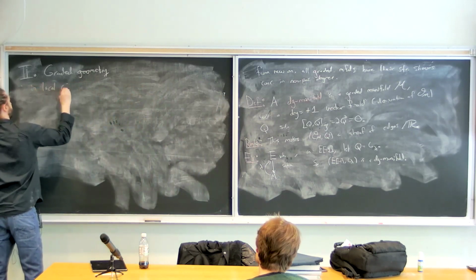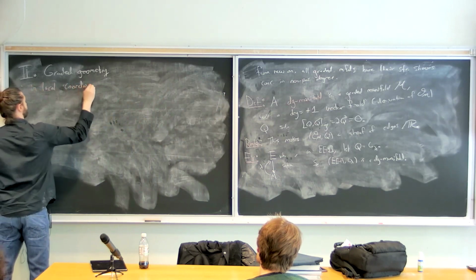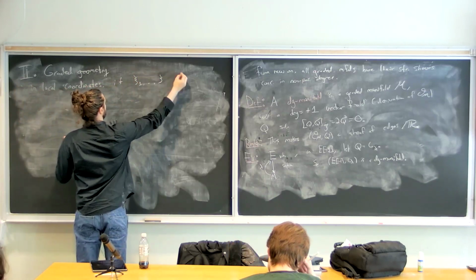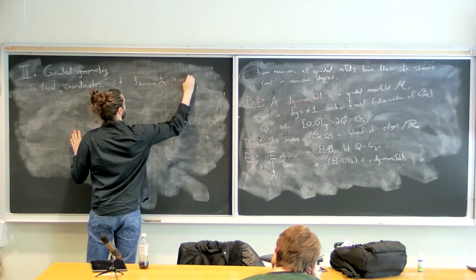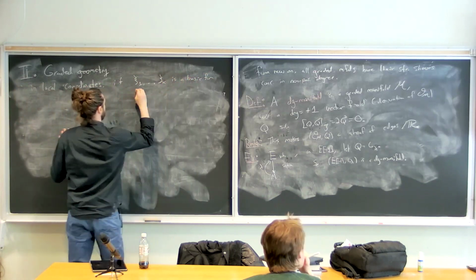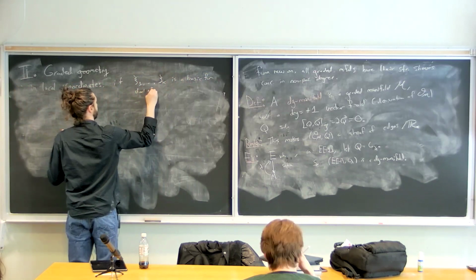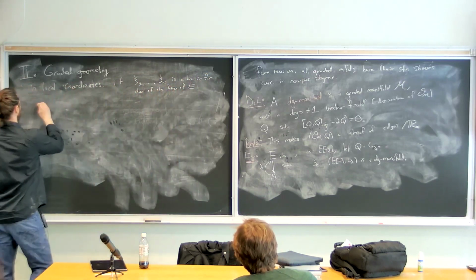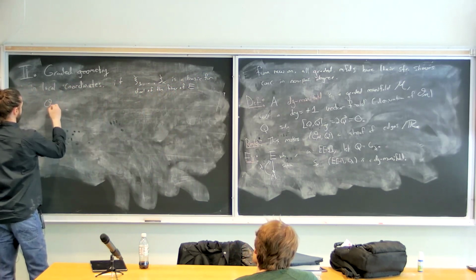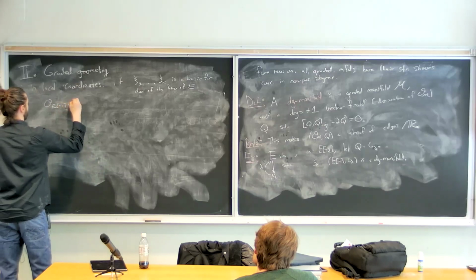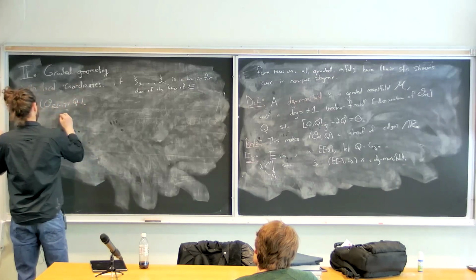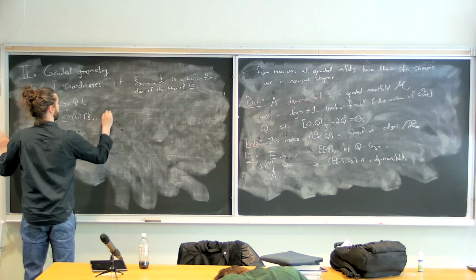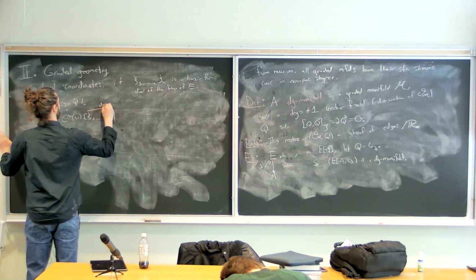In local coordinates, say psi_1 through psi_k is a basis for the dual of the fiber of E. If I look at O of E shifted by minus 1 with Q, then we have smooth functions on U, and I add in these coordinates, which are now in degree minus 1.